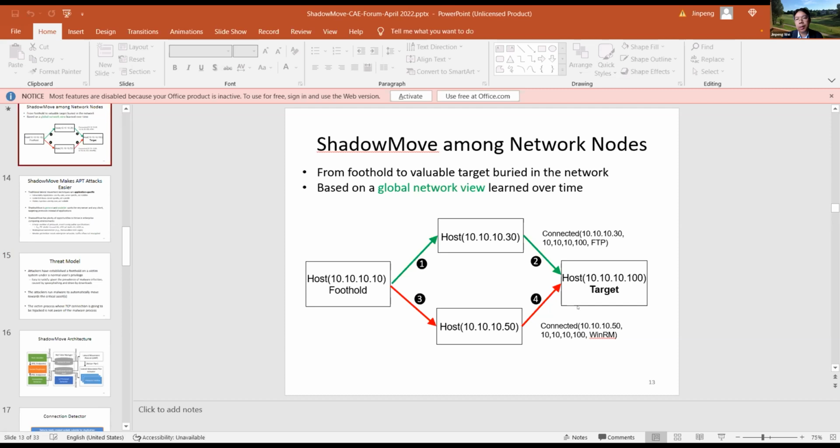Because in this case, it's not about a suspicious connection, since all the connections are actually legitimate. They are all benign connections. So only looking at the connections is not enough for detection.